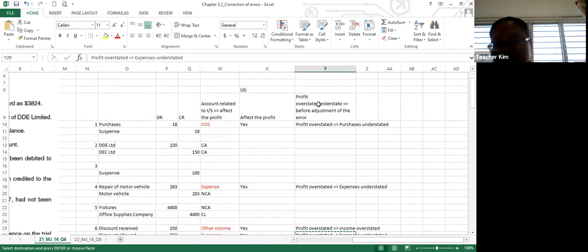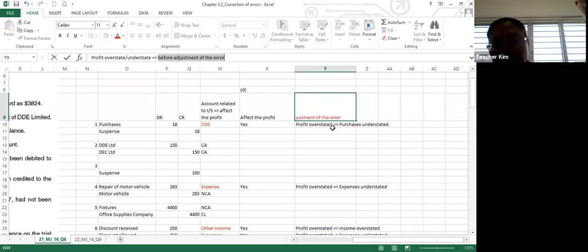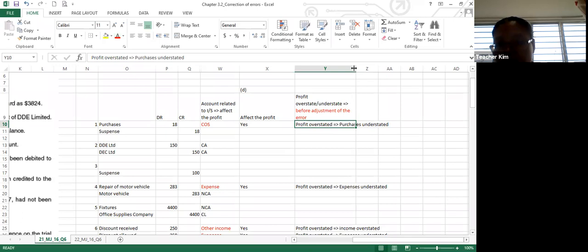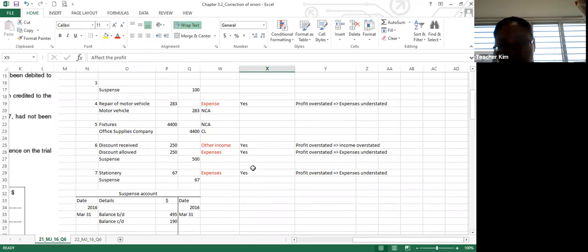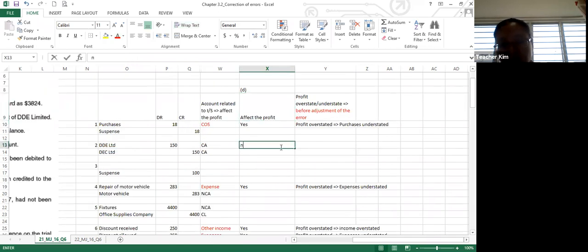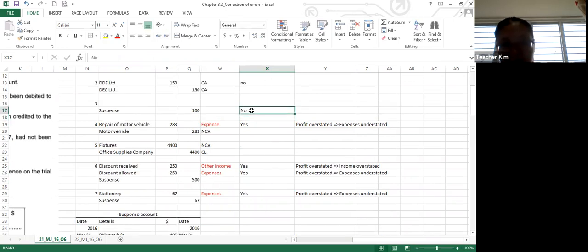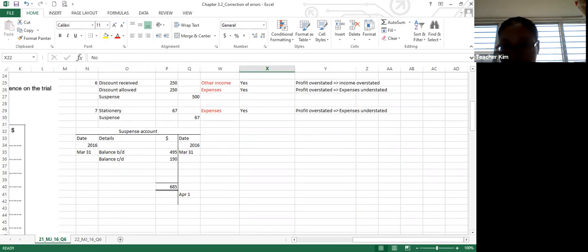So take note, this is before adjustment of the error. What is the impact on the profit, if the question asks? But this question didn't ask, it only asks whether this one affects or does not affect. So these few items are affected. Whereas this one, no. This one also no. Here, no. Okay, now let's continue.